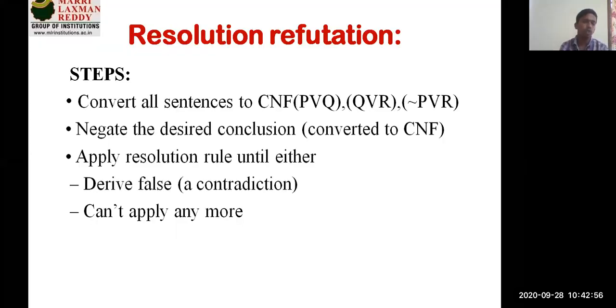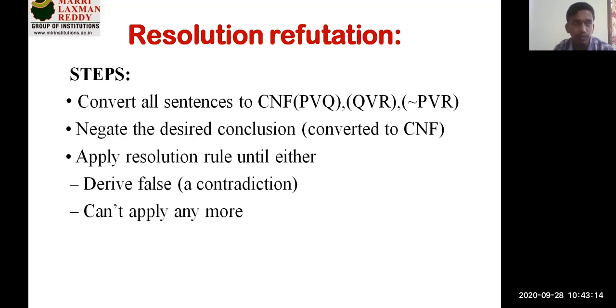So these are the steps we need to keep in mind while discussing the resolution refutation problem. I want everybody to please make a note of these statements, as in the upcoming concepts these steps will be discussed broadly.